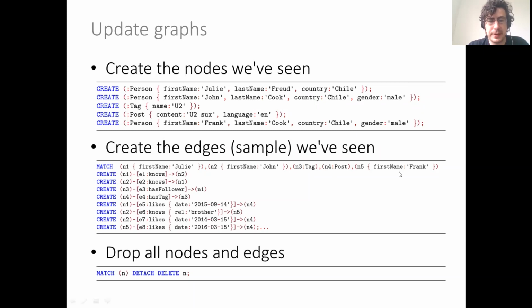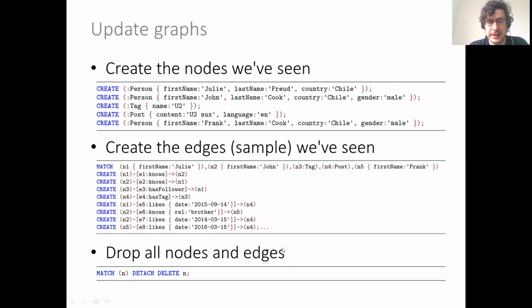So what we're doing here, first of all, we can also use a match to be able to identify the nodes that we want to join. So we're going to match N1 to Julie, N2 to John, N3 to the tag, N4 to the post, and N5 to Frank. And then for each of these results, we'll apply these functions. So we create an edge from N1 to N2, N2 to N1, and so forth. And within the edges, we can also add our metadata that we want to include on the edges.